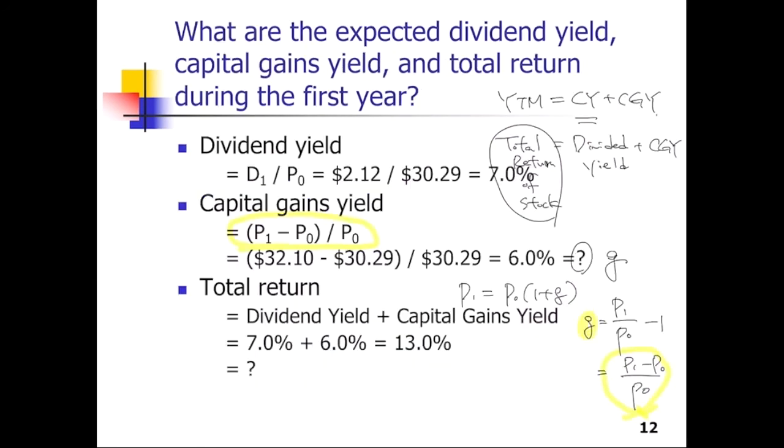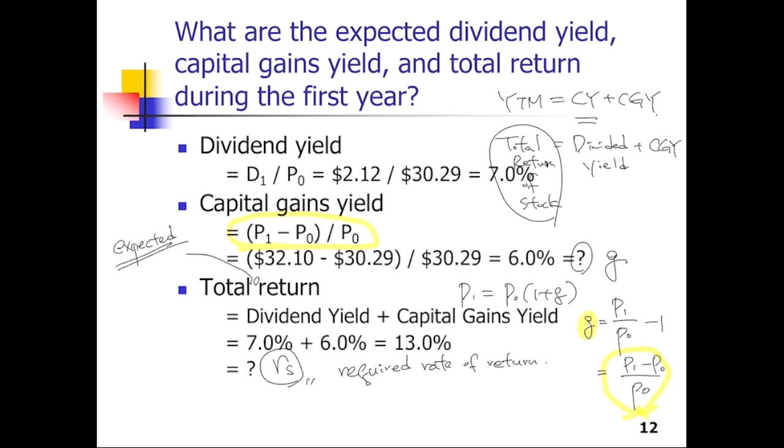It is the same as the total expected return. Why? Total return should be the same as Rs. Rs can be interpreted as a required rate of return. This is a kind of total expected return.